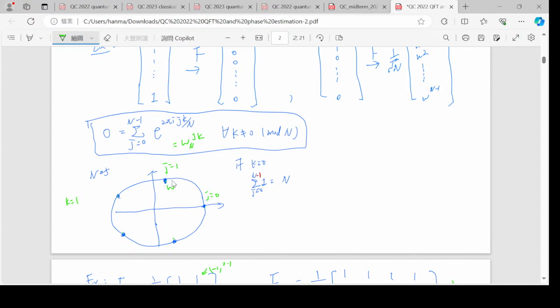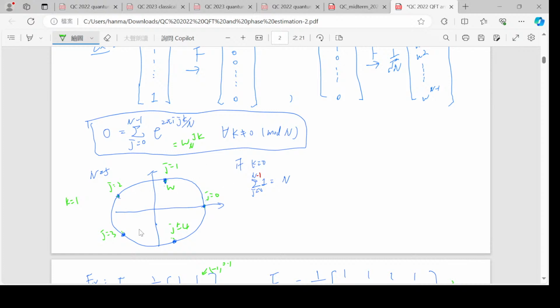So j equal to 1, you have omega to the 1, and then j equal to 2, j equal to 3, and j equal to 4. Those are the 5 points you sum over, exactly.